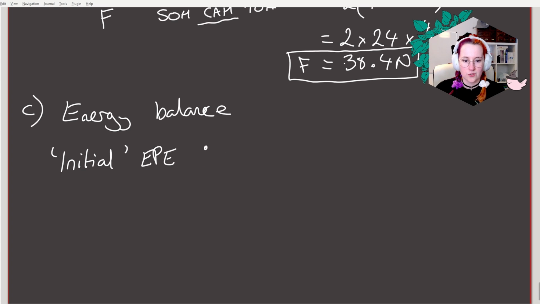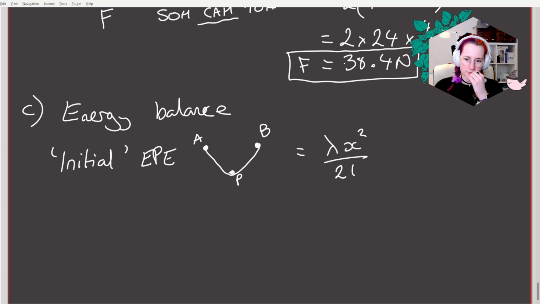I'm going to draw it. That is lambda x squared over 2L, held in the string. Lambda is 16, x here is 0.8, over two times 0.2.